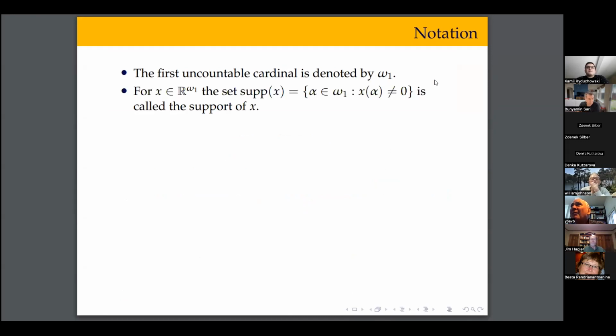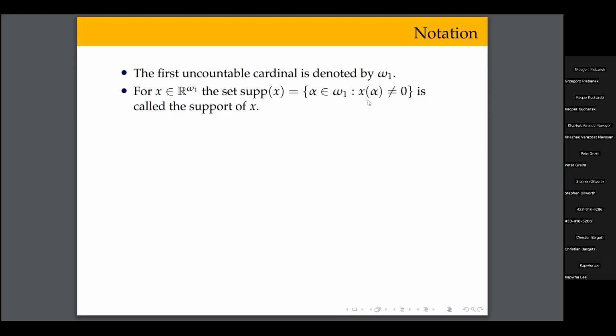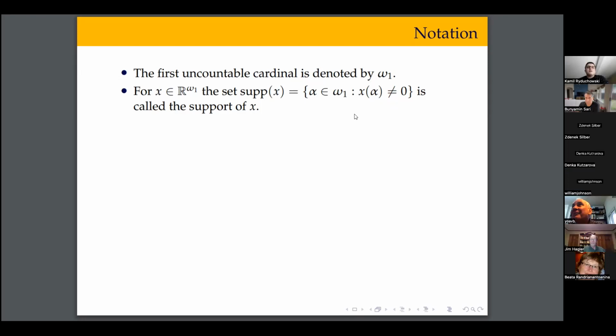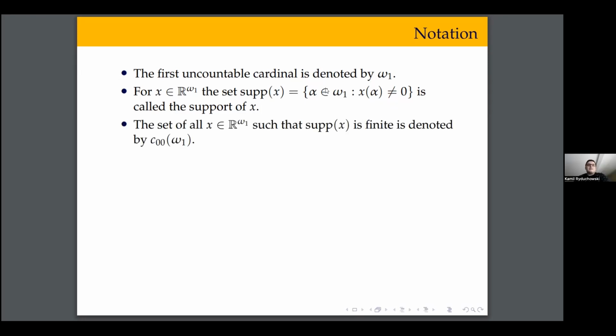If we have a sequence of reals of length omega1, then its support is the set of those coordinates on which the sequence is non-zero. By c00(omega1), we denote the set of those sequences of length omega1 which have finite supports.